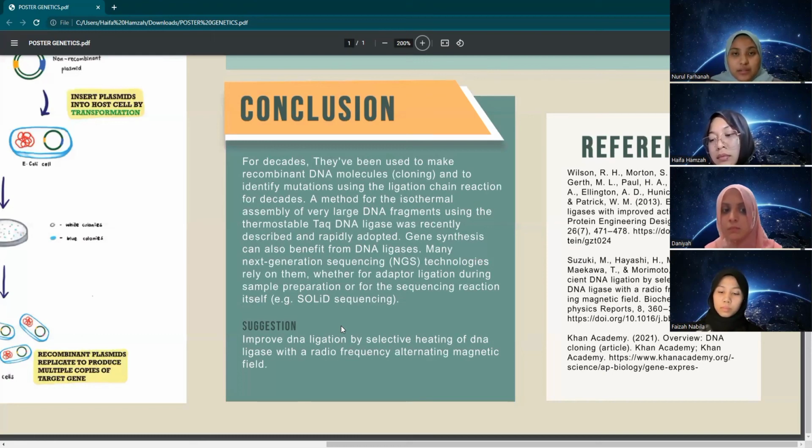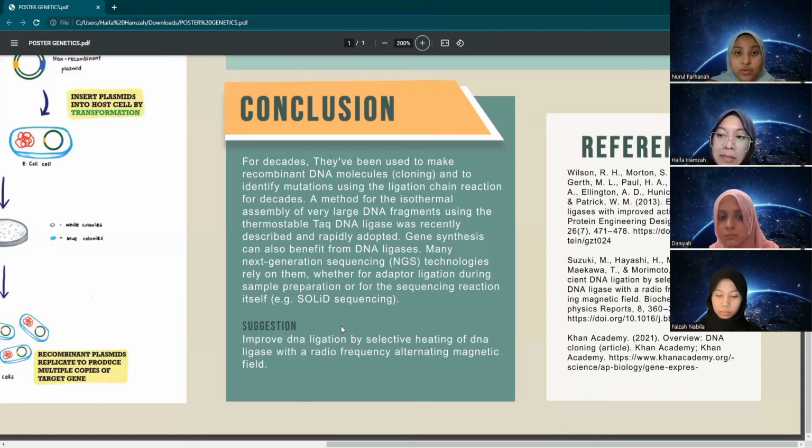Lastly, as a suggestion to improve DNA ligase, research has been done to improve DNA ligation by selective heating of DNA ligase with a radio frequency alternating magnetic field. Basically, this research utilizes the heat generated by ferromagnetic particles subjected to an AC magnetic field.